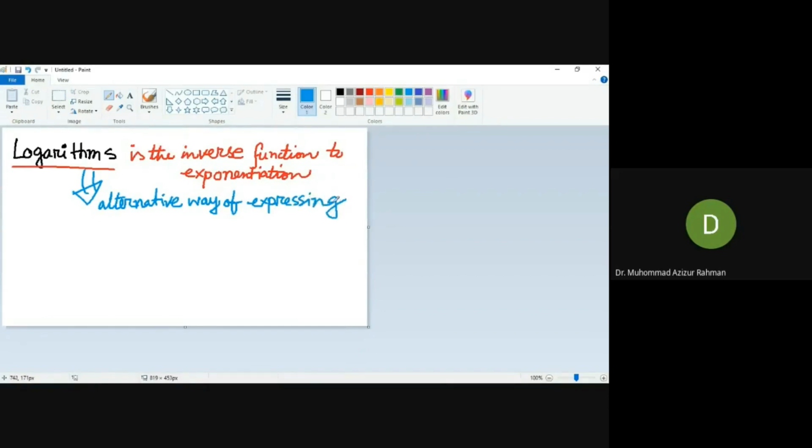Basically, it's the alternate way of expressing your exponents. We can express the exponents in terms of logarithms. We can say the inverse function.